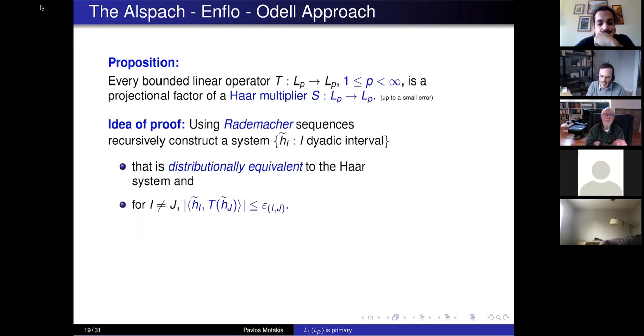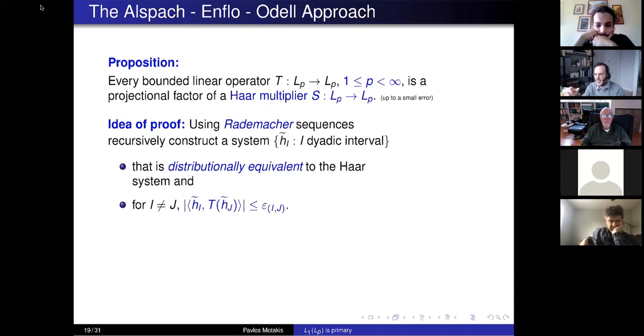But on this new system, your operator is almost like a Haar multiplier. Maybe the Haar functions are not exactly eigenvectors, but up to small perturbations they are. This is what this says. They are approximate eigenvectors. The idea of doing this is that you start inductively and build these H_i tilde, your new system, inductively.